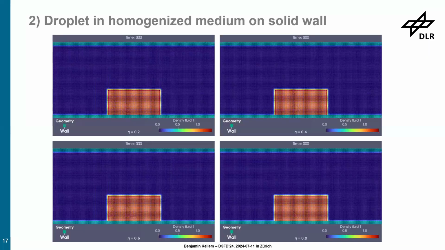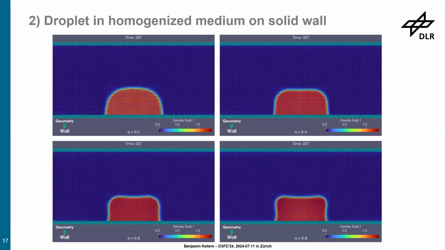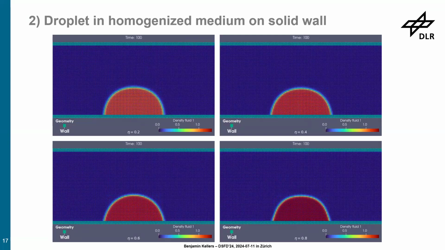Here is another quick test. It should be a video. Yes, it works. This is just to show you what this eta factor actually does. So if you increase it and thereby increase the solid part, you now have to imagine this drop is not inside air, it is inside a porous medium that is not resolved anymore.